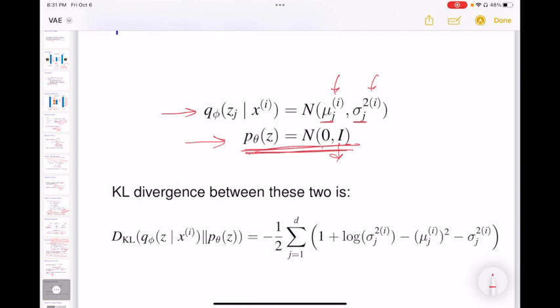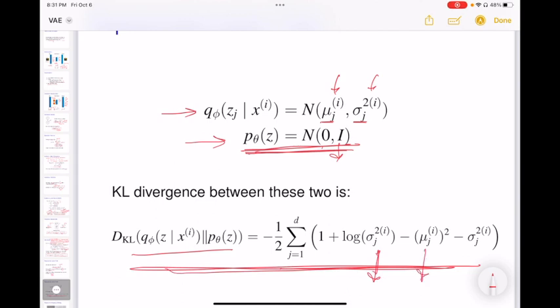If you look up on the internet what the KL divergence between two normal distributions looks like, you will exactly get this formula, right? So the first distribution is this, and the second distribution is this. If you replace all the means and the standard deviations in that formula with the means and the standard deviations that we know here, you will get this form of the KL divergence between these two normal distributions, and you will see that this is very easily optimizable because all of these mu and standard deviations will be predicted by the encoder framework and will depend on the encoder parameters.